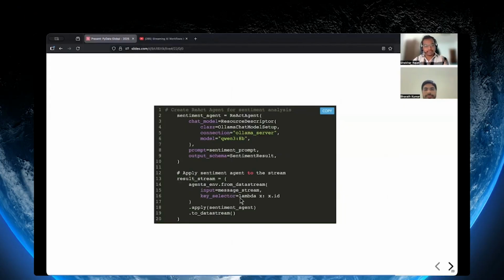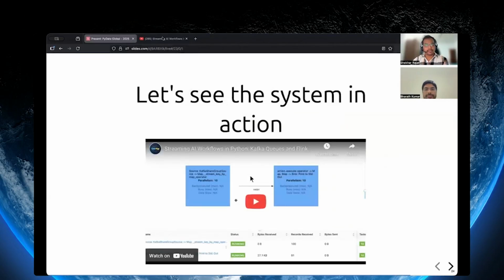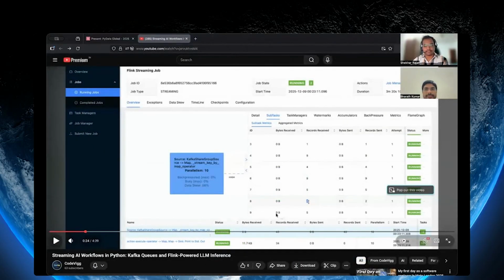So when we have the sentiment agent available, we will tie it up with the environment and apply it for all the messages that we have. I have one recording so that we can quickly see the demo within the timeline.